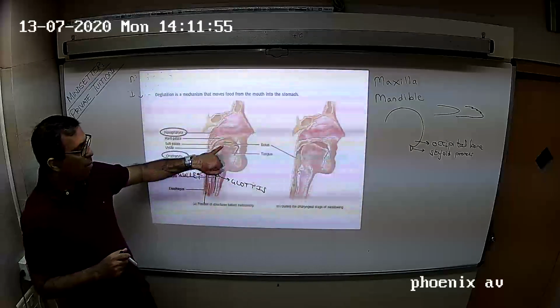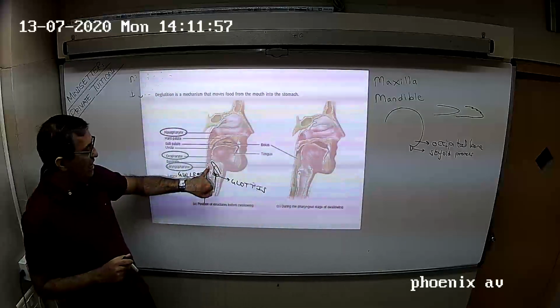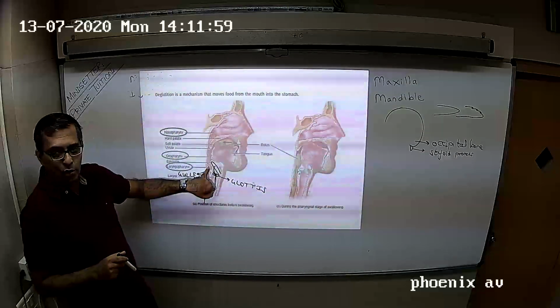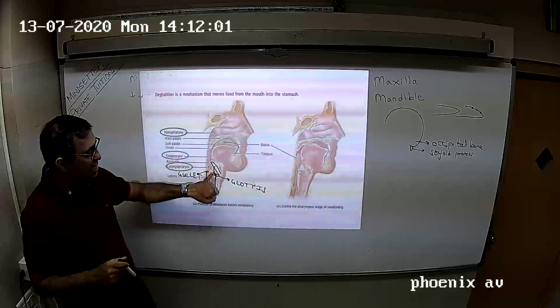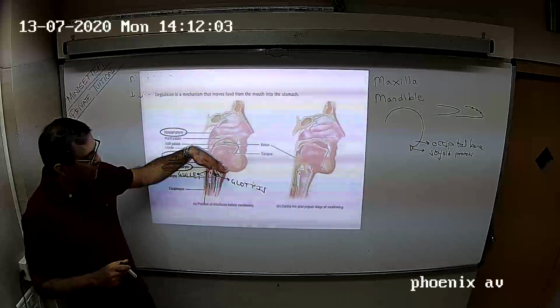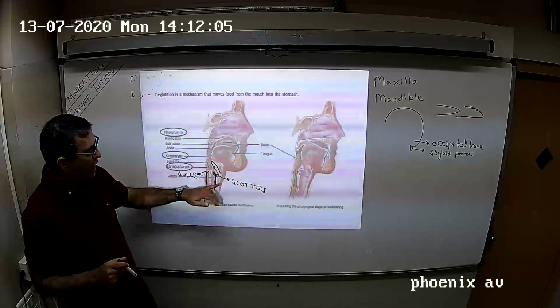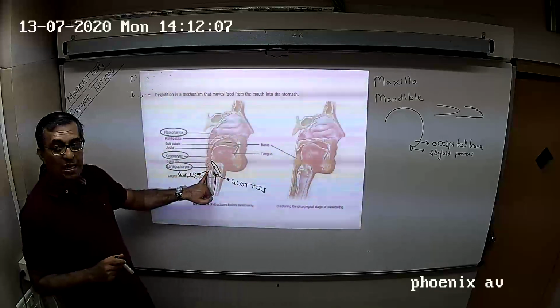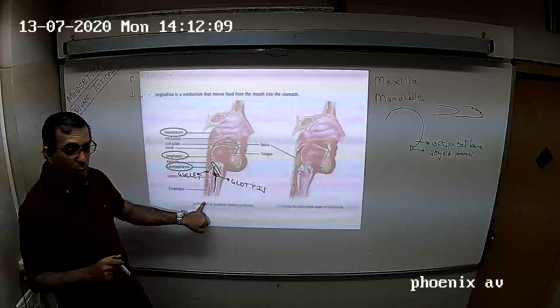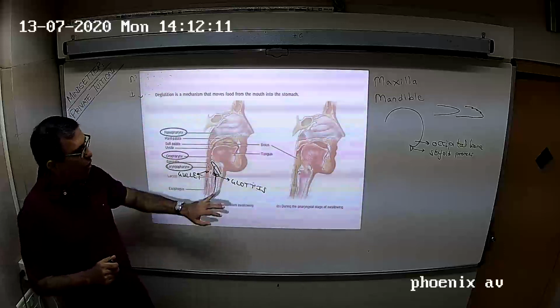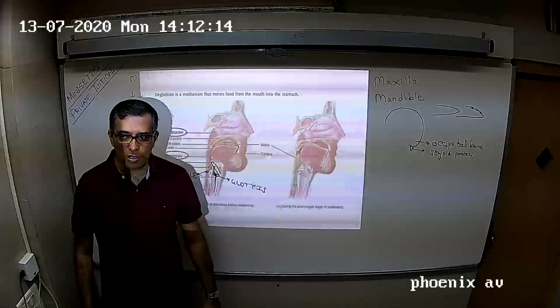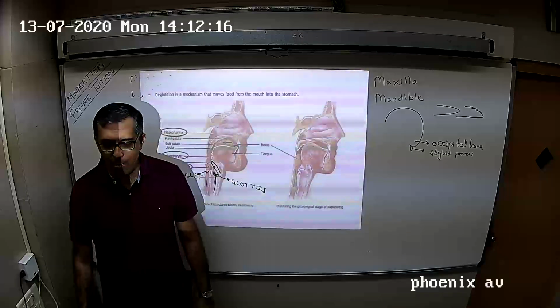Food passes from the oropharynx into the laryngopharynx. From laryngopharynx, it does not enter into the glottis because epiglottis covers the glottis, and food will enter into the gullet and via gullet go down into the esophagus. So this is the way we have the process of swallowing taking place.